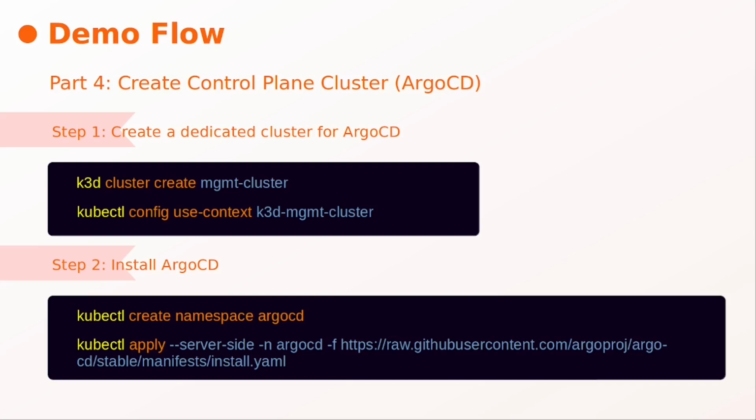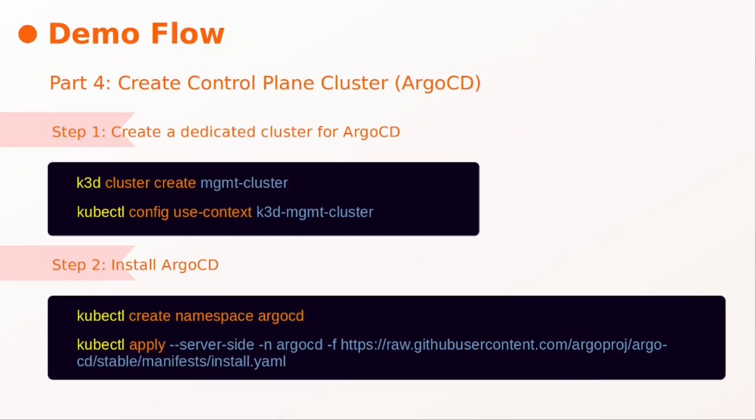Part 4. Creating the control plane. Instead of installing ArgoCD on one of the workload clusters, this process follows a best practice: creating a dedicated management cluster. This cluster is responsible only for controlling deployment, not running applications.